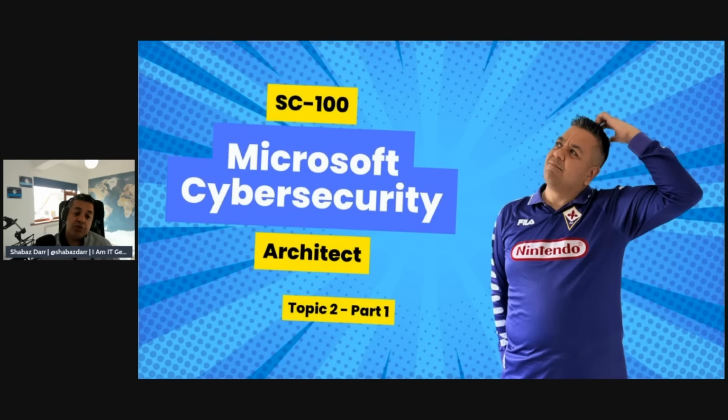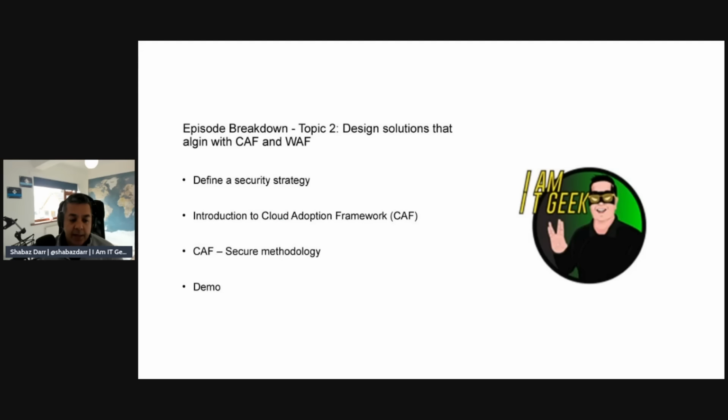So this is the SC-100 Microsoft Cybersecurity Architect exam series, and this episode is topic 2, part 1. Topic 2 is around designing solutions that align with CAF and WAF, which is the Cloud Adoption Framework for CAF, and the Well-Architected Framework for WAF.